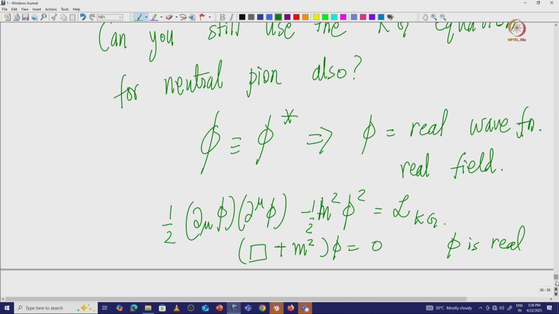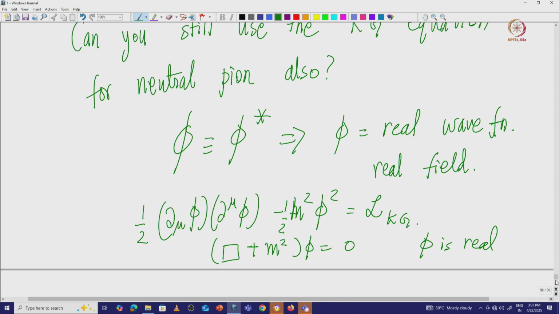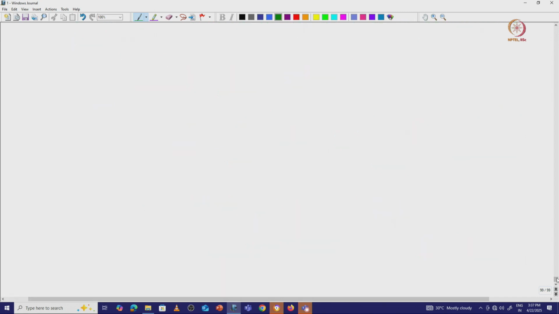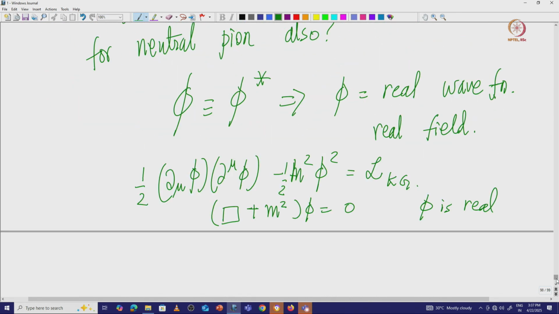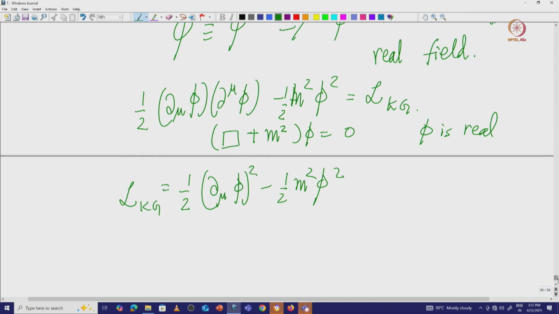You should put a half factor in the Lagrangian, because you have to avoid the double counting when you do the Euler-Lagrange equations, because phi and phi star are not two different degrees of freedom. So, you put del mu phi square minus half m square phi square as the Lagrangian, and this half factor will cancel the factor of two coming in the equations of motion, which gives me del plus m square phi is equal to 0.